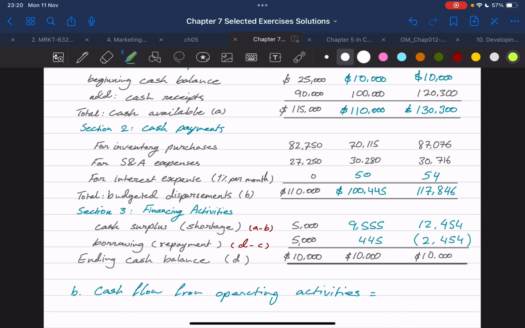Let me highlight them for you. Which are going to equal 90,000 plus 100,000 plus 120,300. That's 310,300.